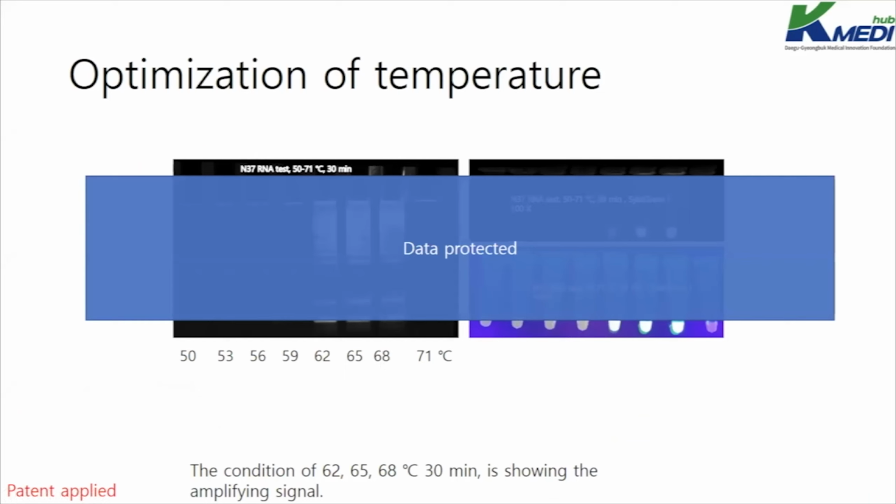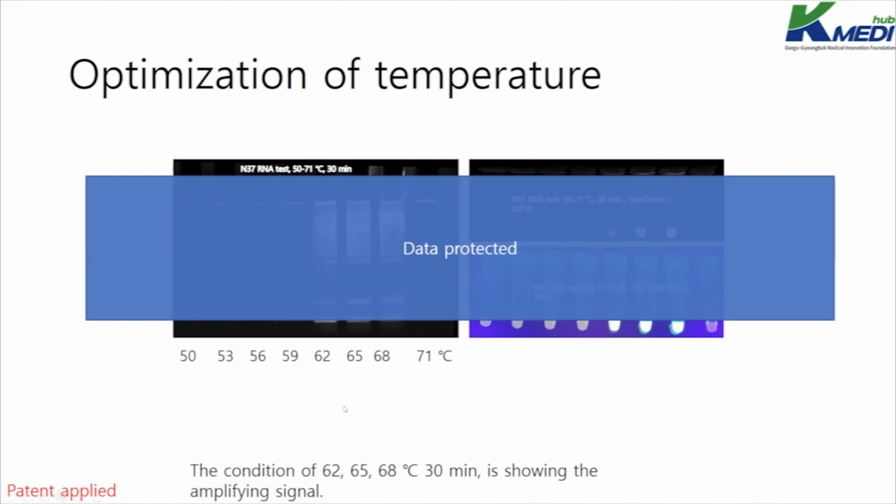From now, some data is hidden because it is under patent application. But I think you can see this band or something. So first of all, after design of the primer for LAMP, the optimizing temperature is tested.